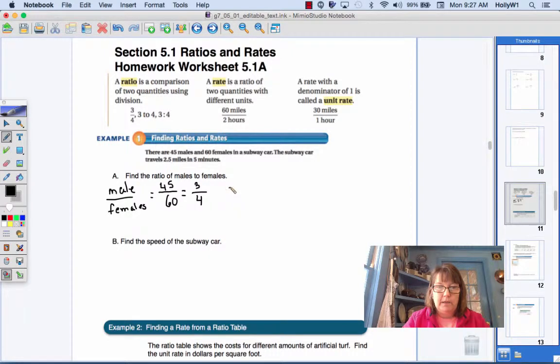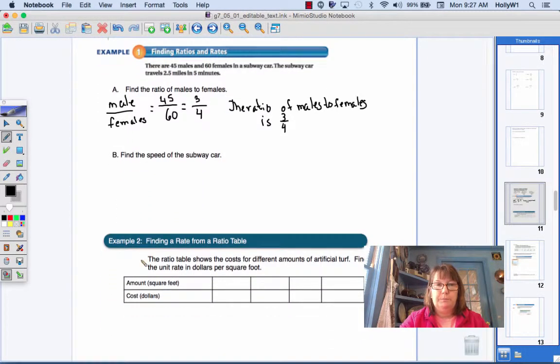So you would write it as the ratio of males to females is 3/4.